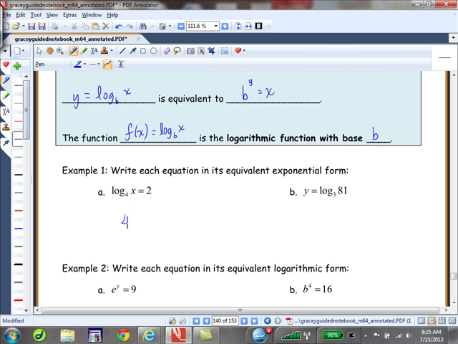Actually, let's write it like this. The base stays the base. A logarithm is an exponent, so good, the 2 is the exponent: 4 squared equal to x. All right?